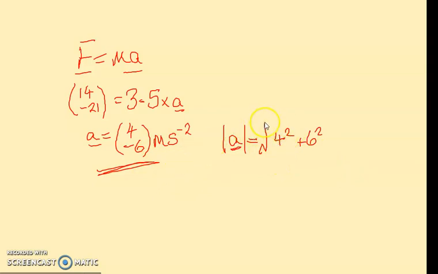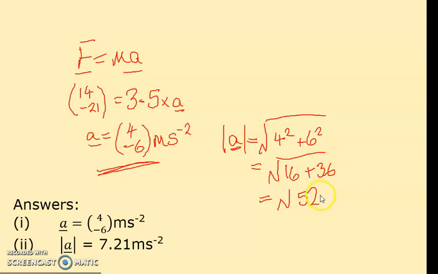Notice I don't care about it being minus 6, because I'm going to square it anyway. So 4 squared is 16, 6 squared is 36. That gives me root 52, which is 7-ish. What's my answer say? 7.21. There you go. So 7.21 meters per second squared.